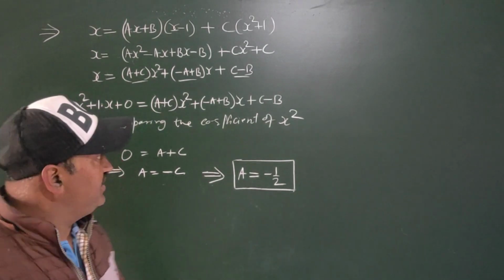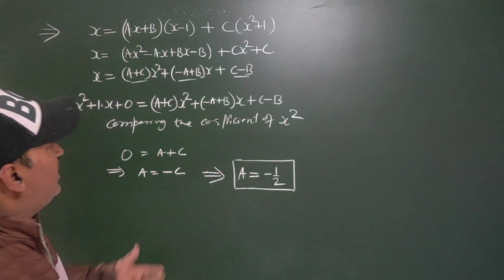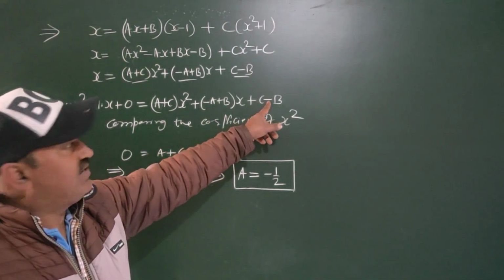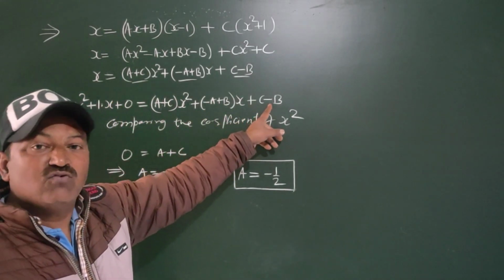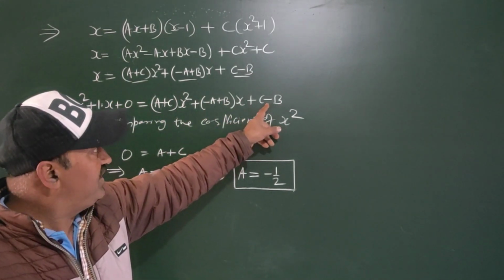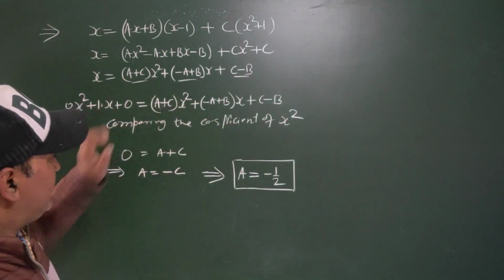Now, in order to find the value of b, we have to compare the coefficient of x or the constant terms on both sides.